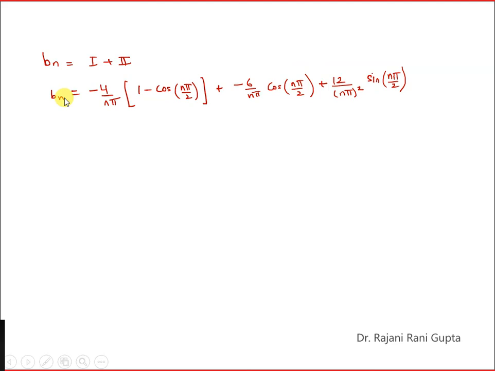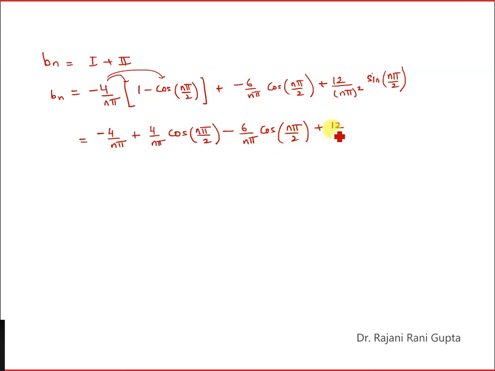So we can simplify it further. How can we simplify? We can multiply this term inside. When we multiply, it gives you 4 over n pi, minus minus becomes plus, 4 over n pi, this is minus 4, sorry, cos of n pi by 2, plus minus is minus, 6 over n pi cos n pi by 2, plus 12 over n pi square sine n pi by 2.